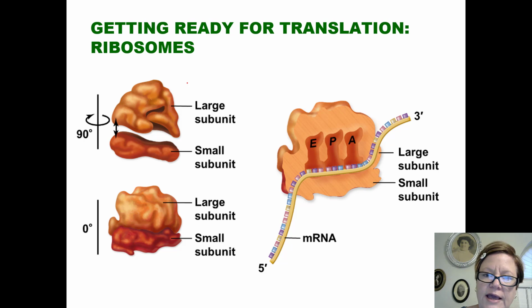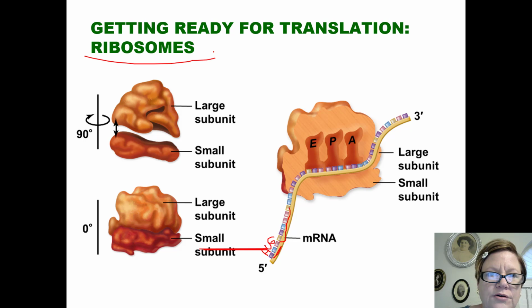So the mRNA has these codons. So for example, here you have A, U, G. That would be the start codon. And then you have these groups of 3, whatever they are. And then at the very end, it would be one of the stop codons, UAA, for example. So the mRNA has these codons in it.